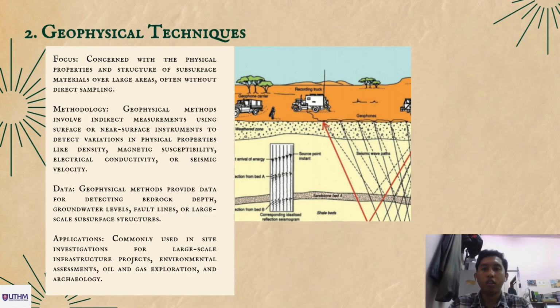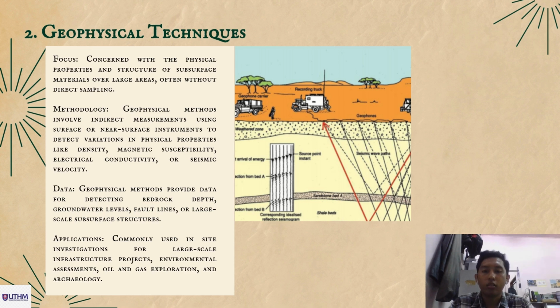Now we move to geophysical techniques. Geophysical techniques are concerned with the physical properties and structure of subsurface material over a large area, often without direct sampling. Geophysical techniques involve indirect measurement using surface or near-surface instruments to detect variations in physical properties like density, magnetic susceptibility, electrical conductivity, or seismic velocity.